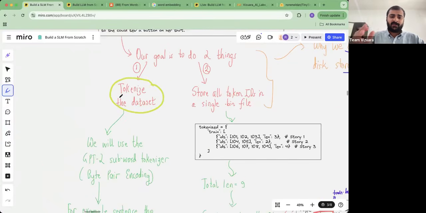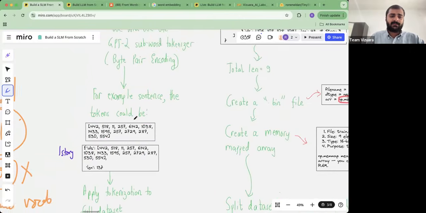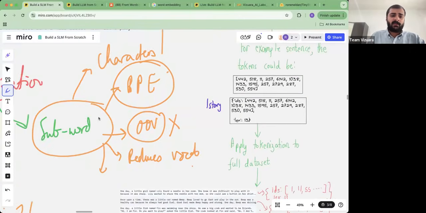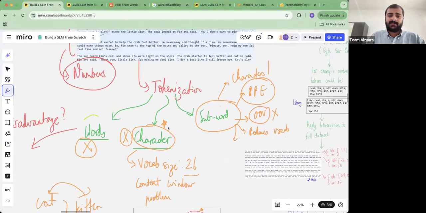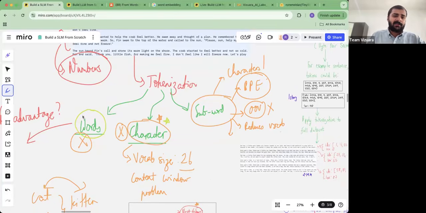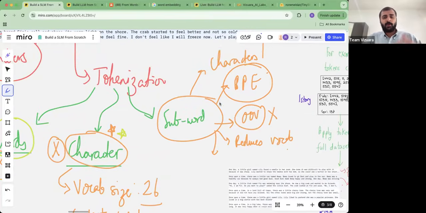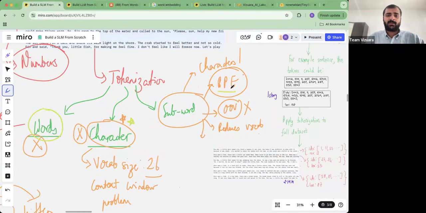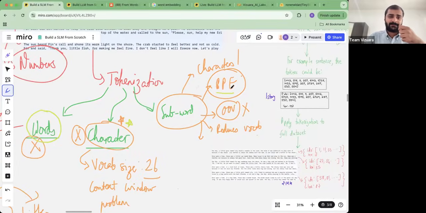Within tokenization, we saw three types: word-based, character-based, and subword-based tokenization. Both word-based and character-based tokenization have some limitations, and subword-based tokenization solves both of those issues. One such subword-based scheme is the byte pair encoder, which we used to tokenize our text.